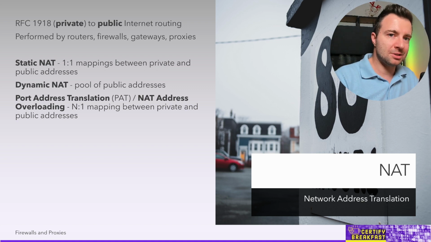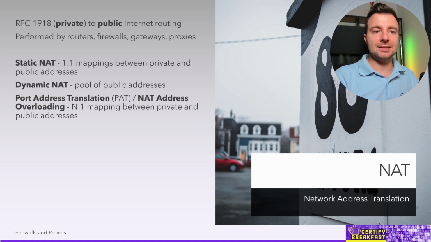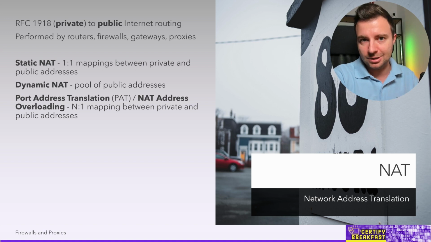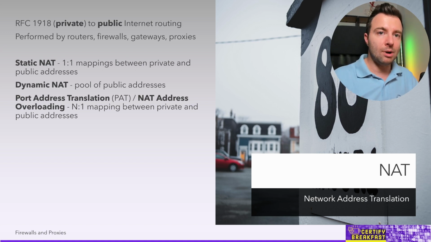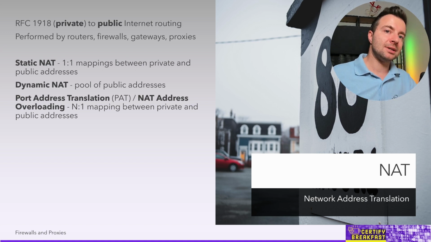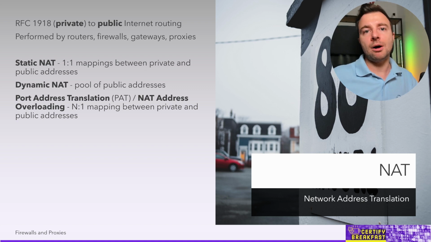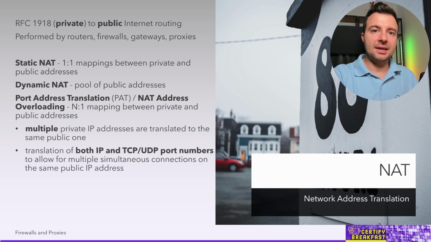In most situations, this is going to be implemented as a rule that says any private IP address that comes from the RFC 1918 range is going to be translated to one public IP address that we're going to be using to go out on the internet. And if you're thinking, well, how do we actually keep track of all those connections?